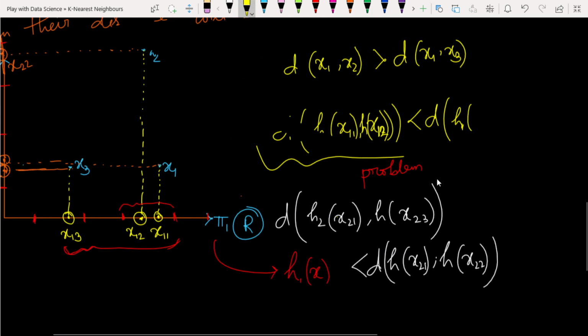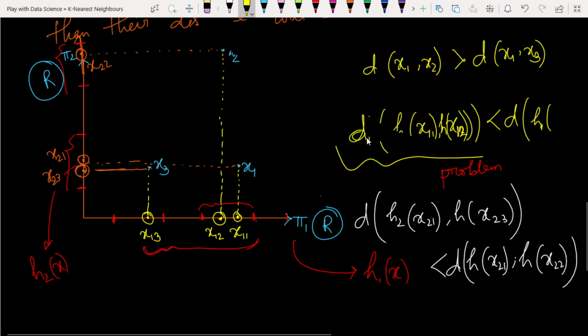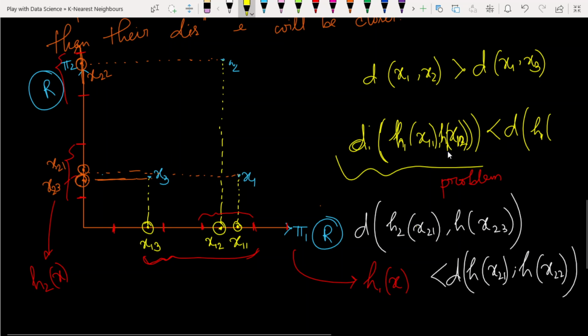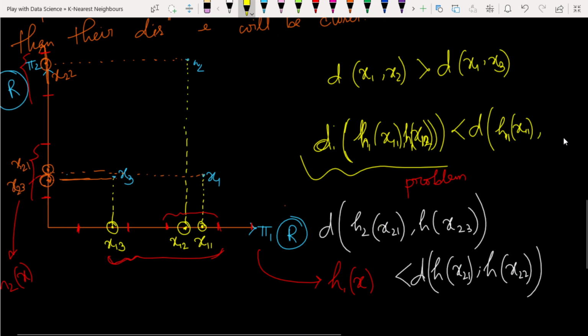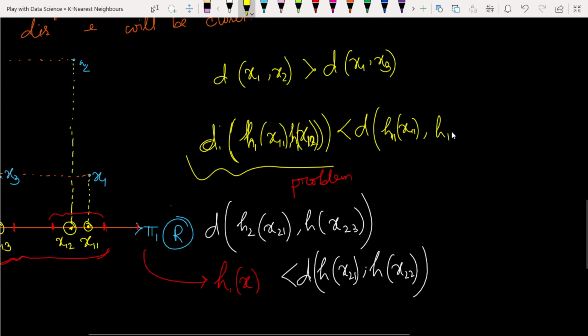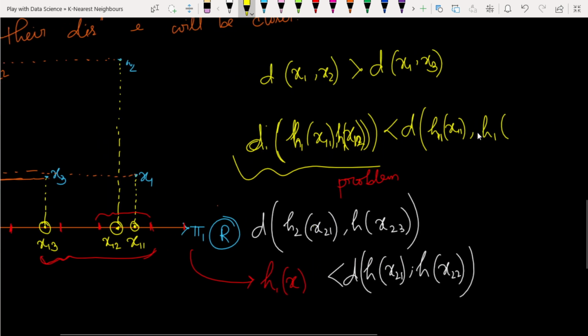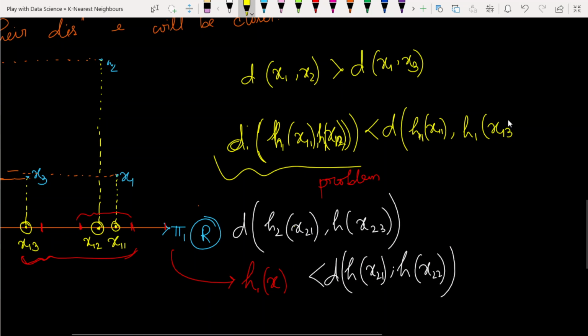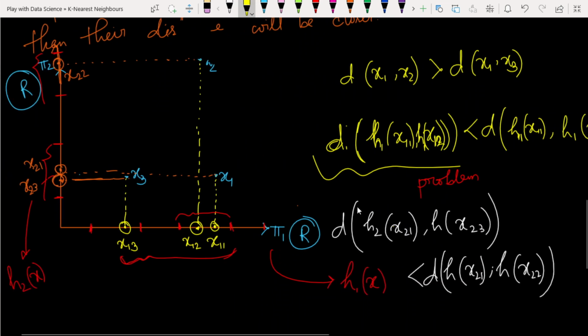So this distance will be h1, this is also h1, and the distance of h1 of x11 and x12, similarly h1 of x11 comma h1 of x13. I think it is okay.